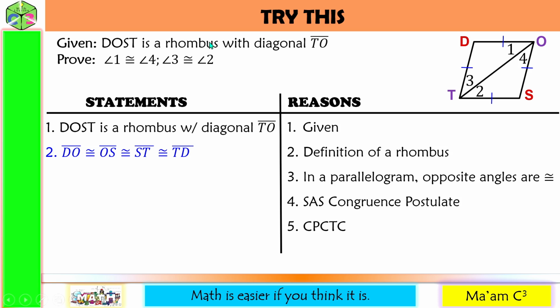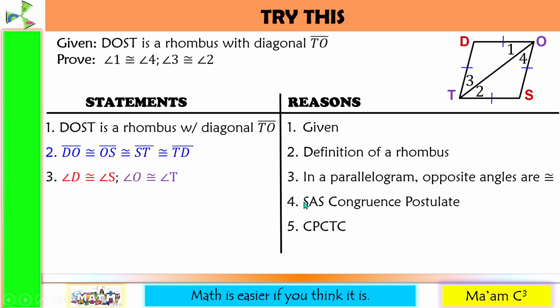All sides are congruent. Next reason, in a parallelogram, opposite angles are congruent. So we are given a hint here that we have to look for opposite angles. So angle D is congruent with angle S. They are opposite to one another. Also, we have angle O and angle T congruent to one another.